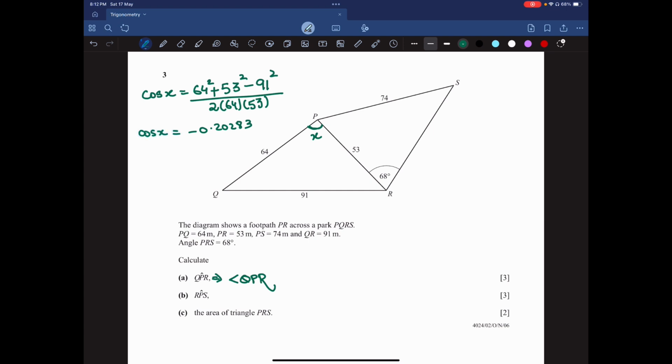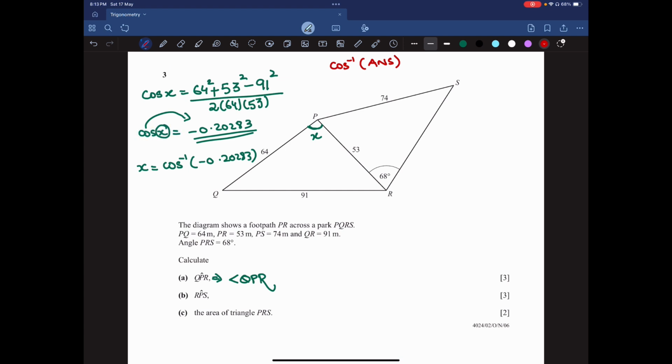Now to maintain the accuracy, keep the answer on your calculator screen. And to find x, we're going to take cos to the other side and take the inverse of the function. So cos inverse of negative 0.20283. Since the answer is on the calculator, what you're going to do is insert on your calculator cos inverse, then press the answer key.